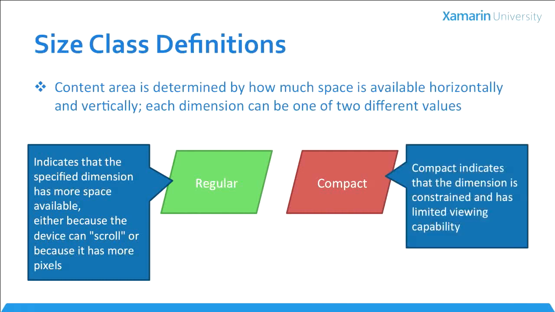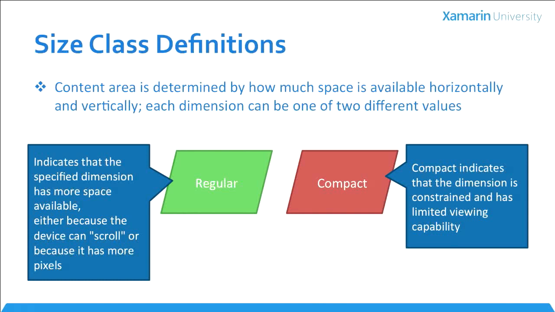Now, a compact size class indicates a smaller amount of real estate. For example, an iPhone in the landscape orientation, where we don't have much vertical space up and down, would be compact. Now, every iOS device we have is defined by a set of size classes in two dimensions, vertical and horizontal.